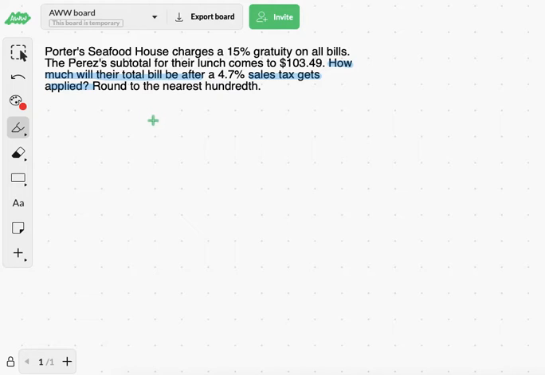In this case, the question is just how much is it going to be after the sales tax, right? But the sales tax isn't the only thing that's getting applied here. So we have the subtotal for the meal, the 4.7% sales tax, and the 15% gratuity, which is a fancy way of saying tip.